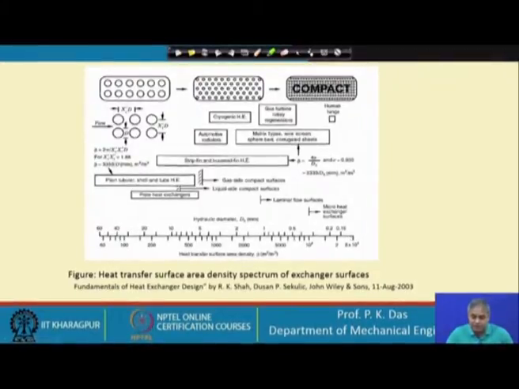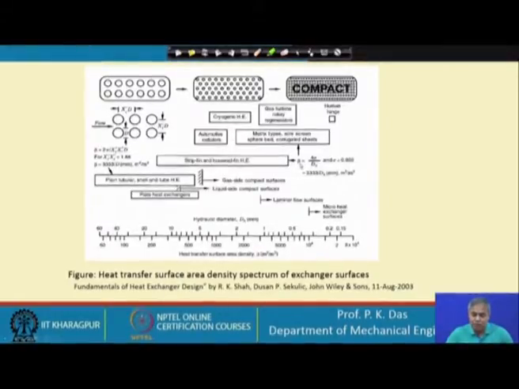The definition of hydraulic diameter is known to all of us. So, based on that, hydraulic diameter has been calculated, and you see here we have got some sort of a relationship between compactness and hydraulic diameter, bringing a sigma factor here, and the value has been given.